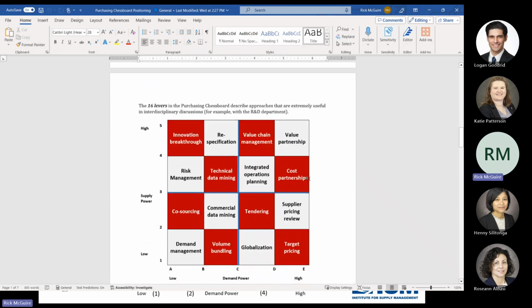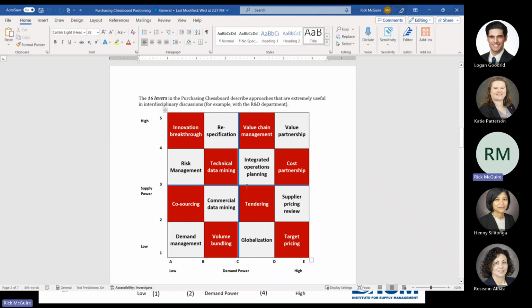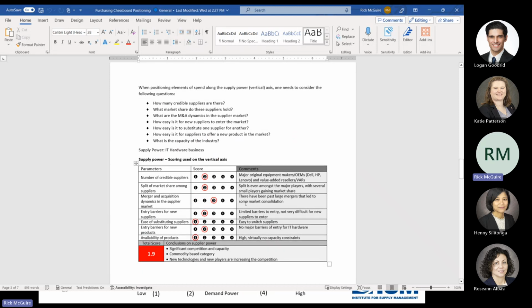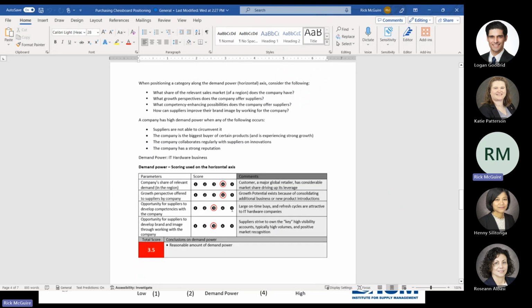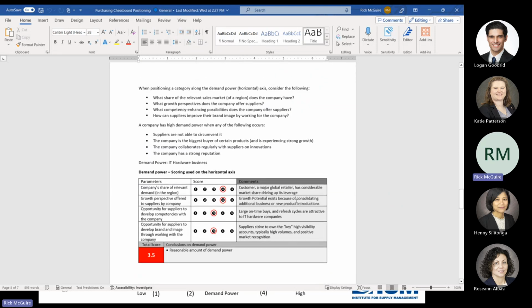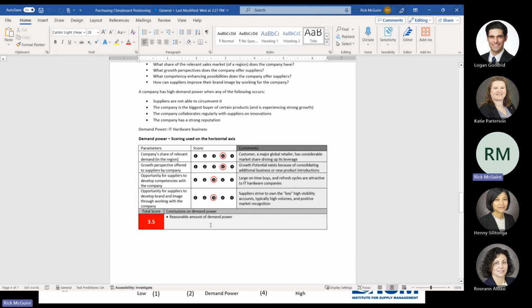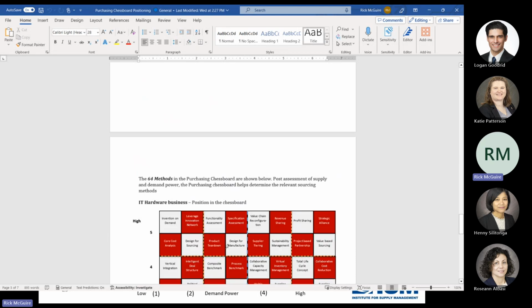Then they take those 4 strategies and come up with 16 levers, so there are 4 levers for each strategy. This is how you get to where you want to go. You fill out these little sheets on supplier power, and then the one for demand power, then you add up the score. Supplier power is 1.9, demand power is 3.5.